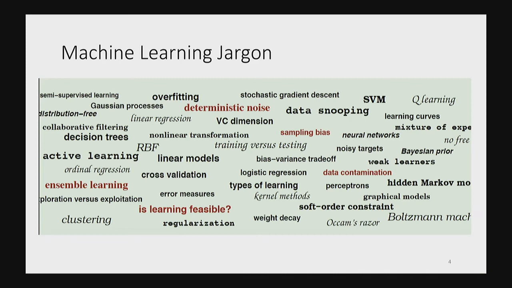We'll focus on some basic terminologies. For example, is learning feasible? How much can a machine learn? How much can we teach a machine? How much can data provide information to a machine?